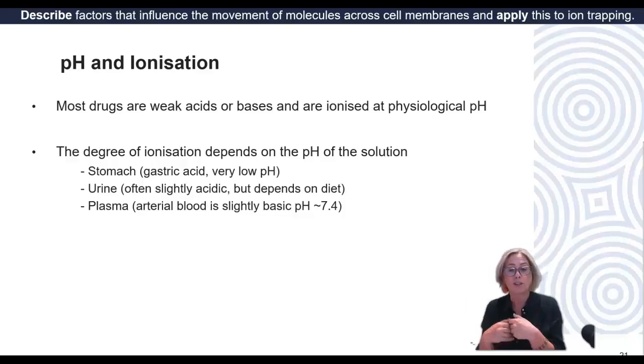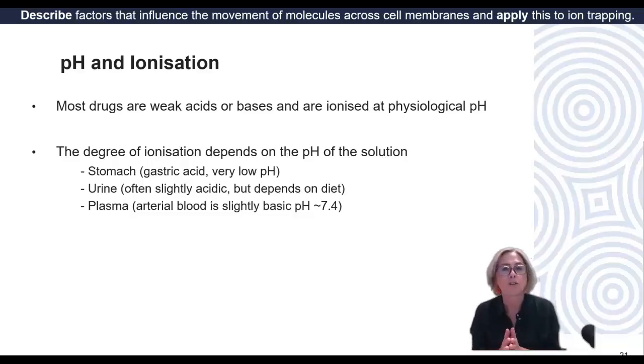If you have a diet rich in dark leafy green vegetables, which are also very nice, by the way, but you don't have the cheese and the meat and all that, you might find that your urine is a little bit basic. But remember, our bodies are so clever and our kidneys are so clever that the pH of the urine can be altered to keep the pH of the blood plasma consistent. And arterial blood is slightly basic at 7.4.